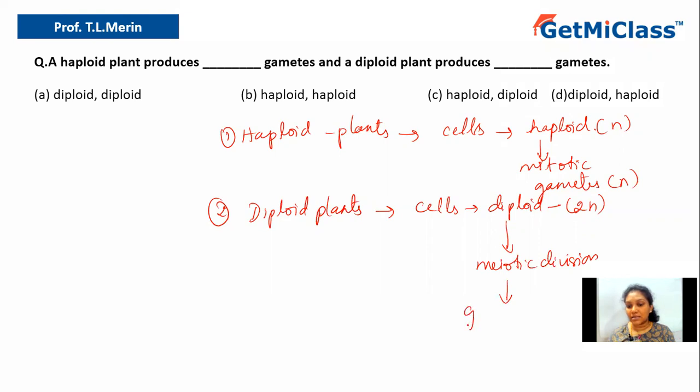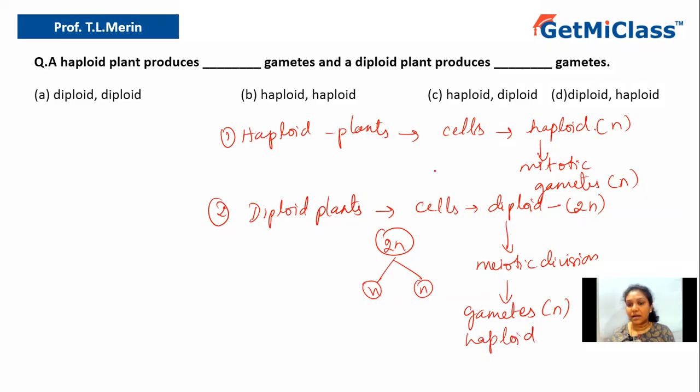And these gametes will be again haploid, because when this 2n cell undergoes meiotic division, it will give rise to n, that is there is reductional division. These are haploid in nature.